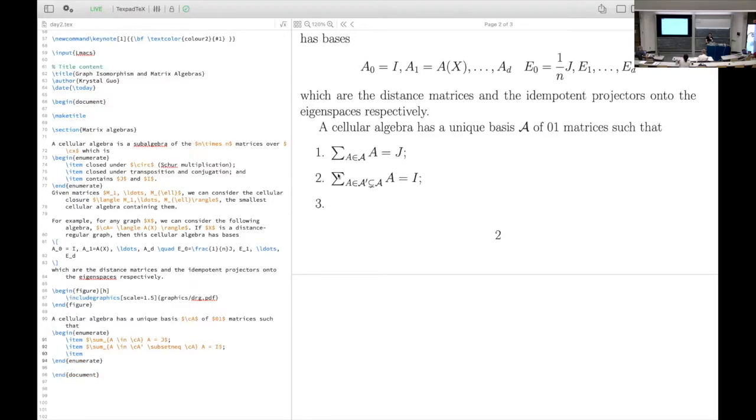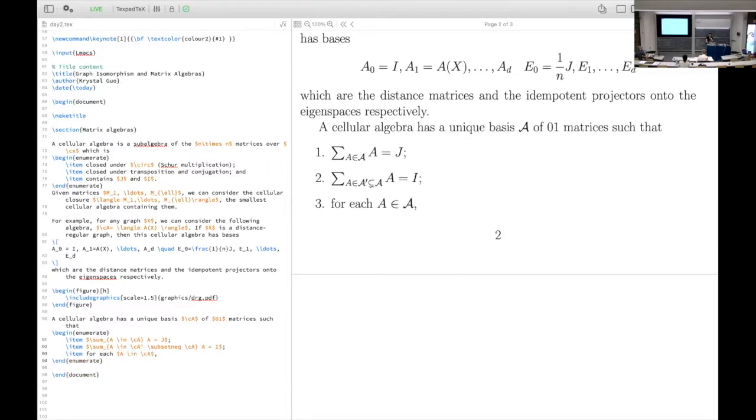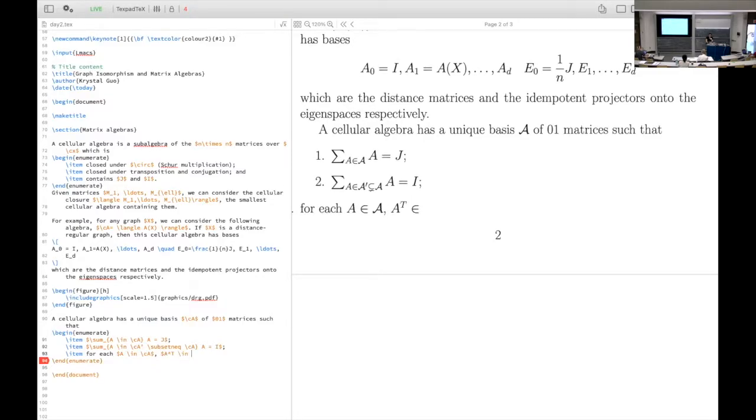The identity itself need not be one of the elements of the script A basis. And the third thing is that for each A in script A, its transpose also has to be in script A. It doesn't need to be a symmetric matrix, but its transpose has to be another one of these basis elements.